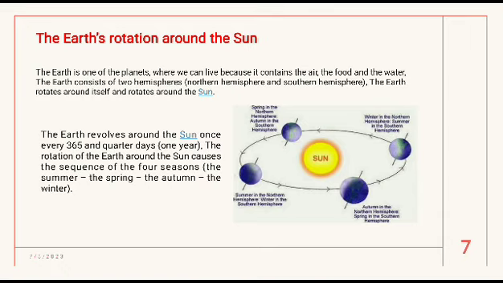It consists of two hemispheres, the northern hemisphere and the southern hemisphere. The Earth rotates around itself and rotates around the sun. The Earth rotates around the sun once every 365 and a quarter days. It causes a sequence of four seasons: summer, spring, autumn, and winter.